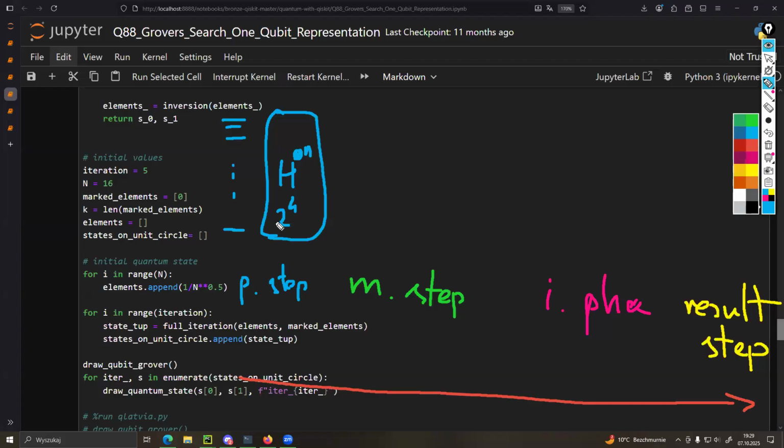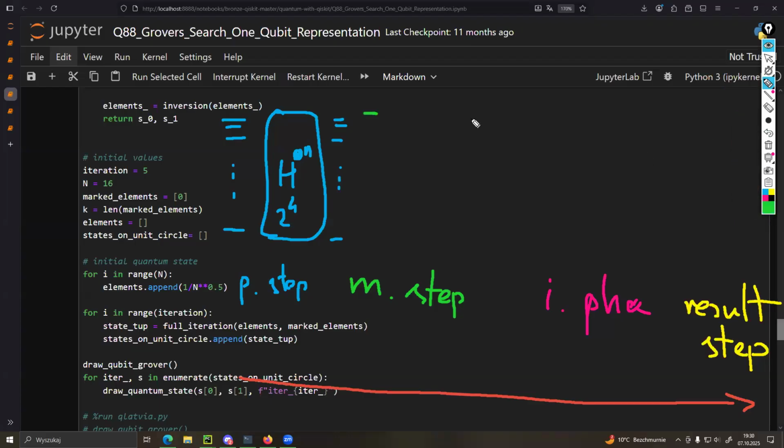This is because we search for integers, as we said. Then we go with our qubits into the marking step.